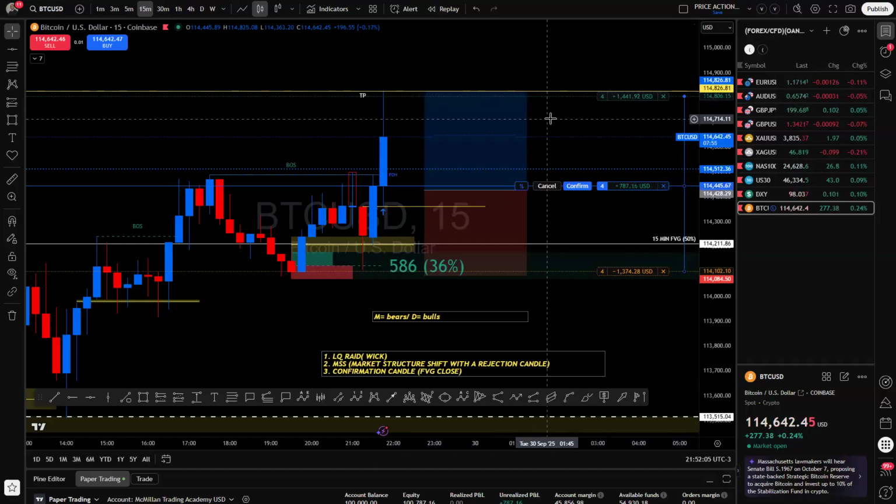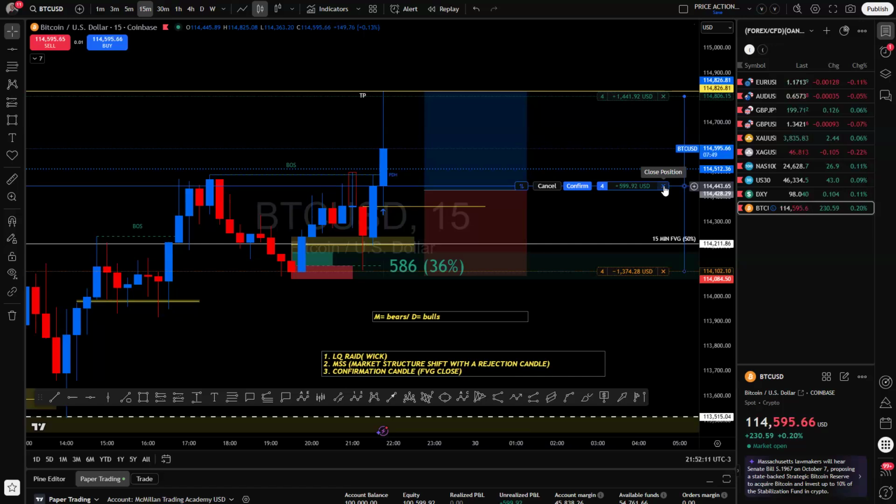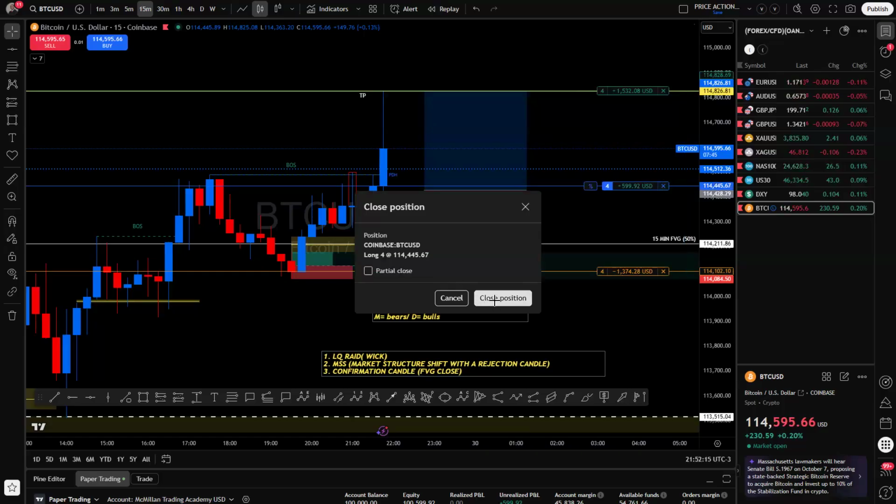Probably getting liquidity up there. So we pretty much came close to hitting our TP, so we're just going to close at over $600 profit. Well, we'll close the position.